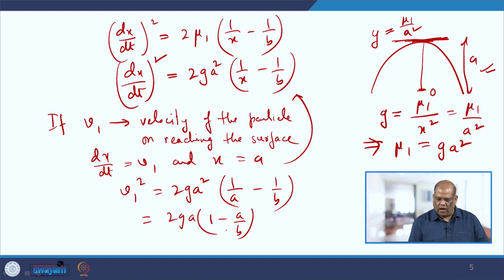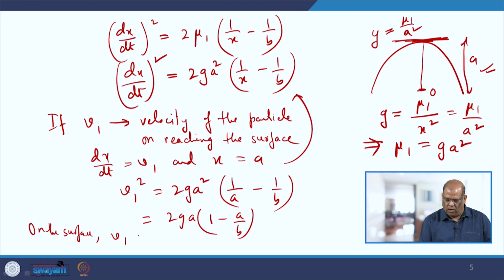So, I can say the velocity on the surface is v1 equal to the square root of 2ga (1 minus a/b).